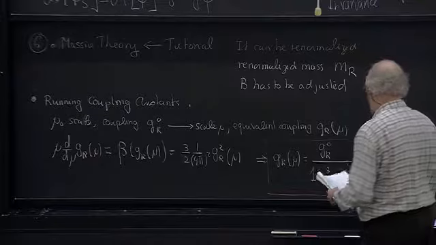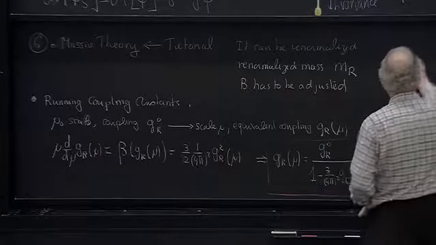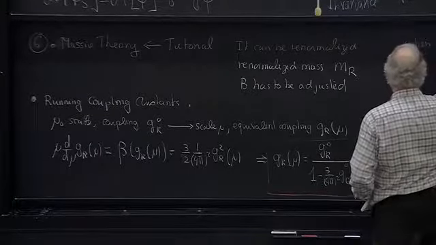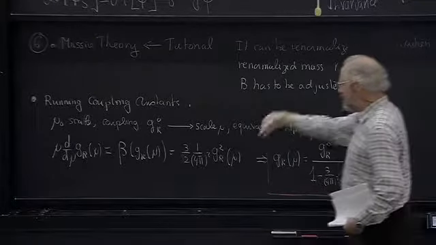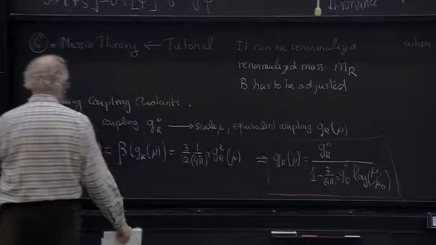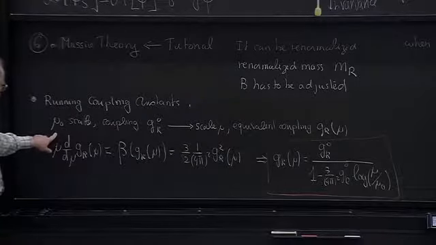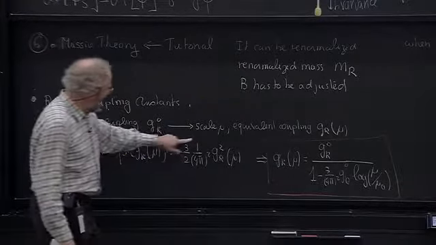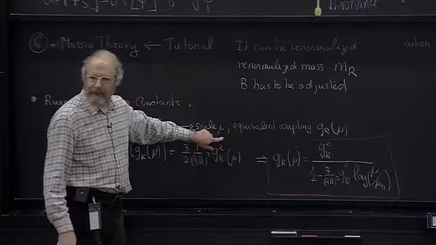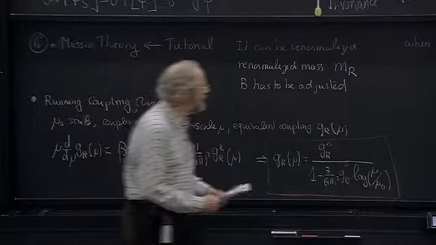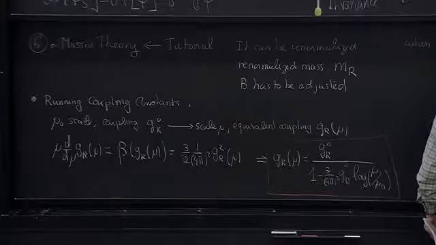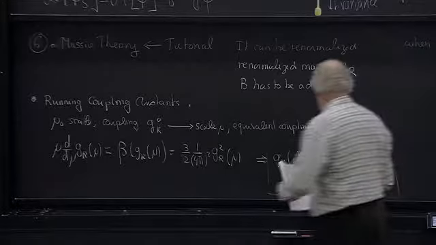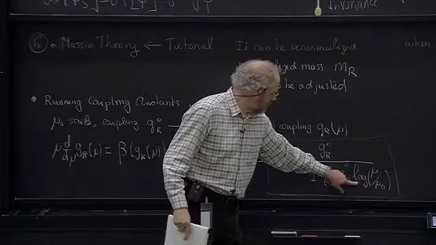So what you see is that when mu goes to 0, when you want to compare the renormalized coupling at a scale mu which is very small, namely low energy, then the log becomes very negative.